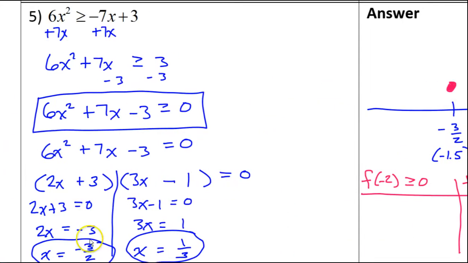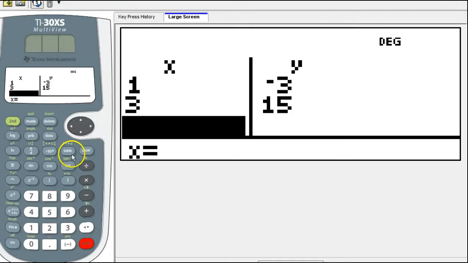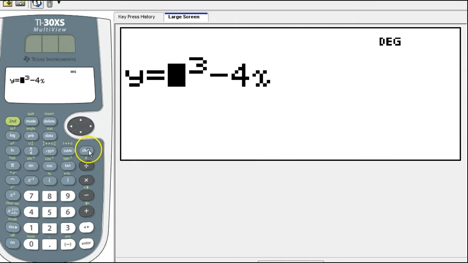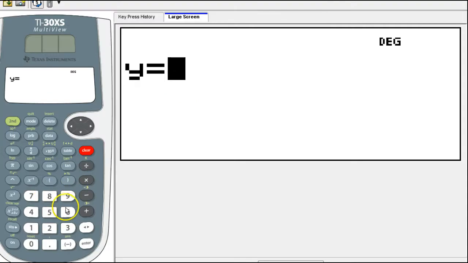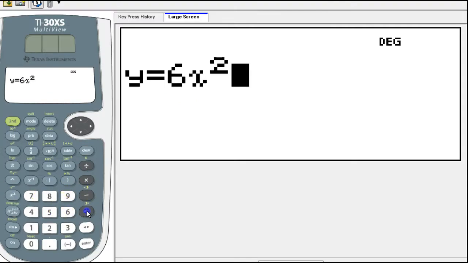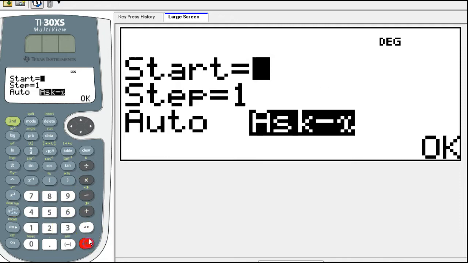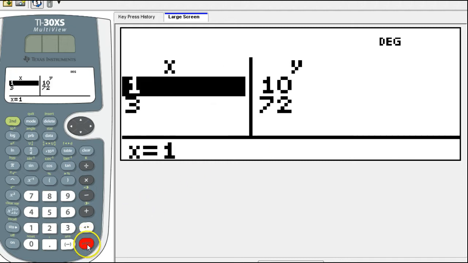So go ahead and enter the left side of the inequality into the table feature of your calculator. So we need 6x squared plus 7x minus 3. Go ahead and make sure your calculator is still in Ask X mode, because that'll be best for what we are doing.